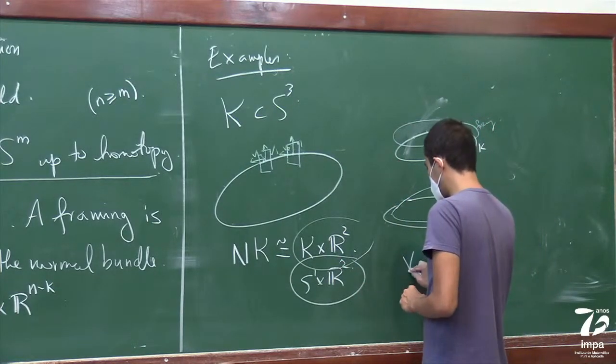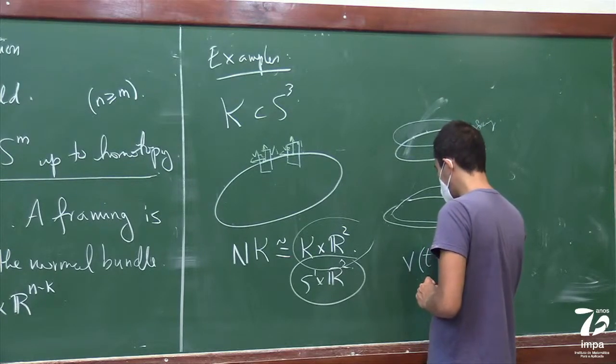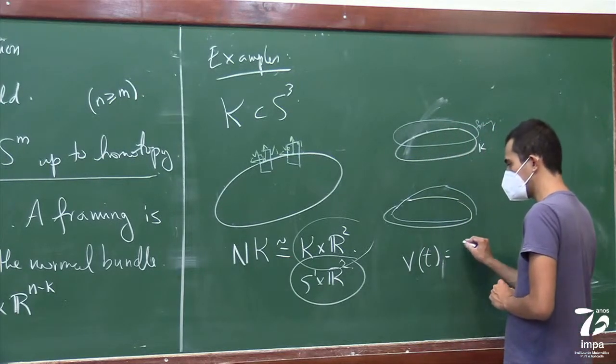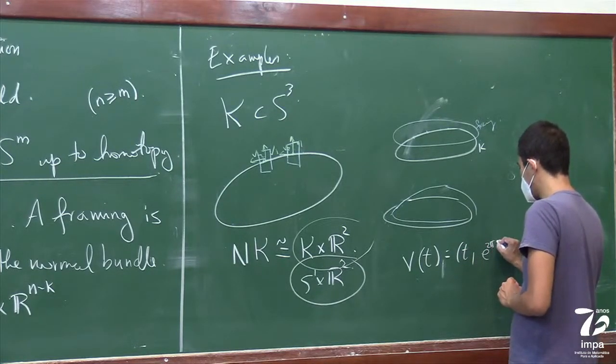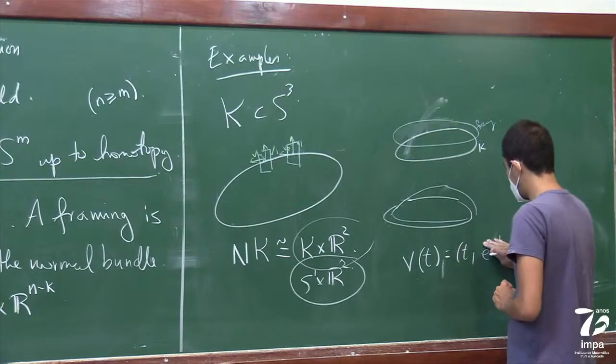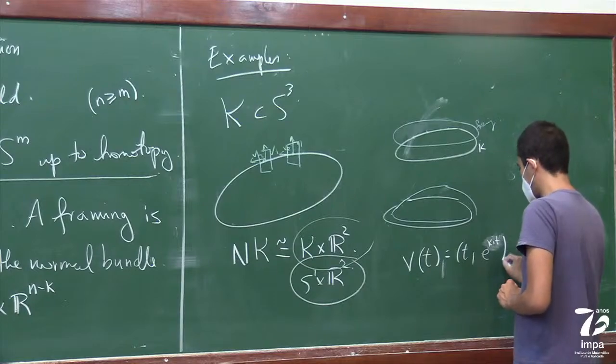How about I choose a vector field V given by V of t equals t and then e to the kit.